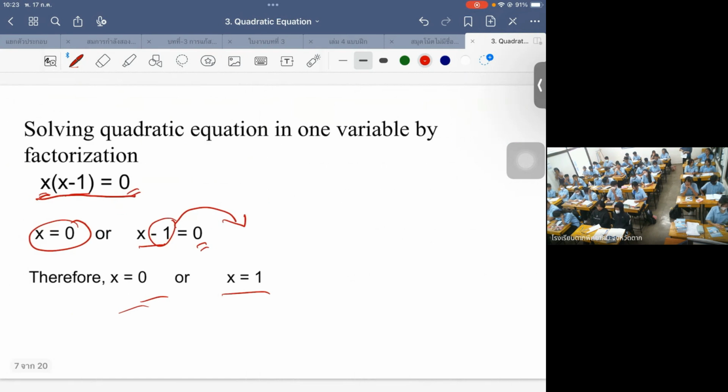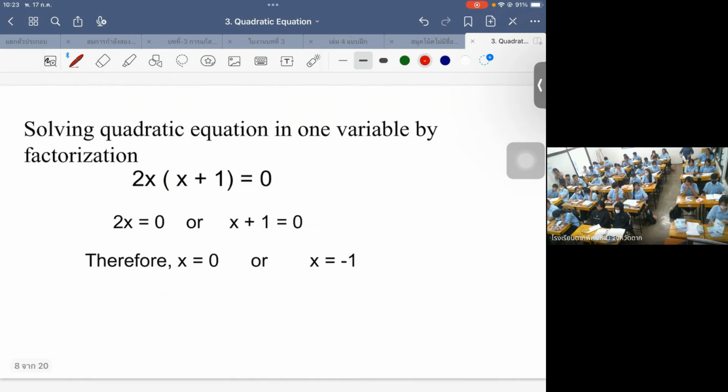How about this equation? So 2x and x plus 1 is equal to 0. Again, these are factors. So we need to separate 2x and x plus 1. So we have 2x is equal to 0 and x plus 1 is equal to 0.